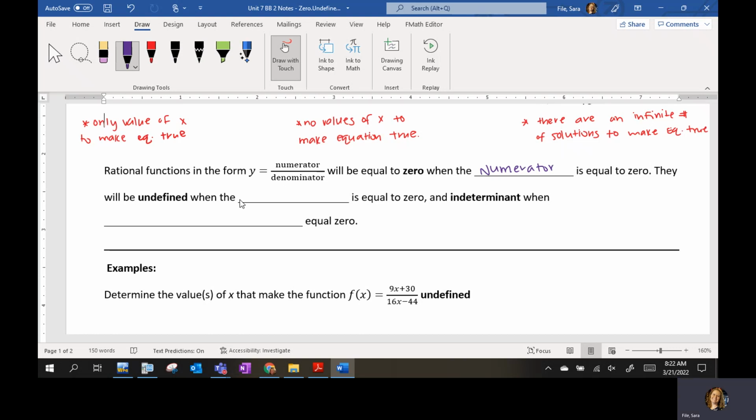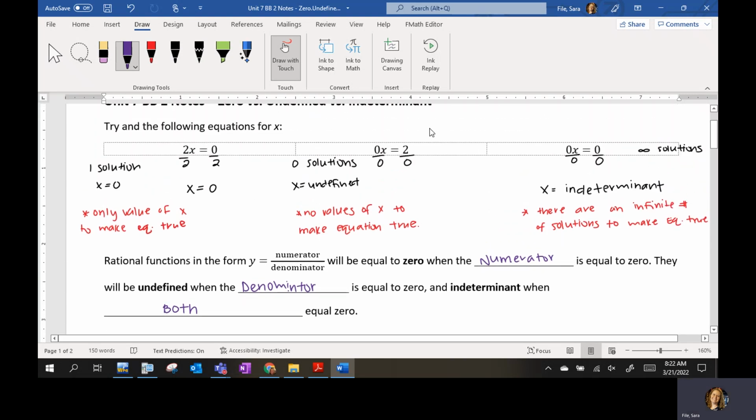It will be undefined when the denominator is equal to 0, and it will be indeterminate when both equal 0. I'm just going to write the word both to save me some writing. You can see that in what we did up here. This had a numerator of 0, so the solution was 0. This one had a denominator of 0, so it was undefined. And this had both, numerator and denominator were 0, so it was indeterminate.